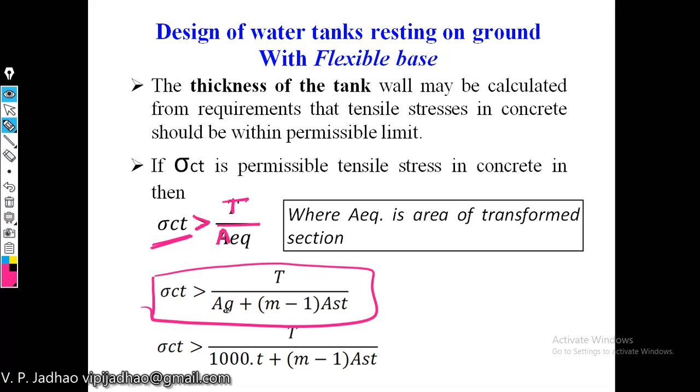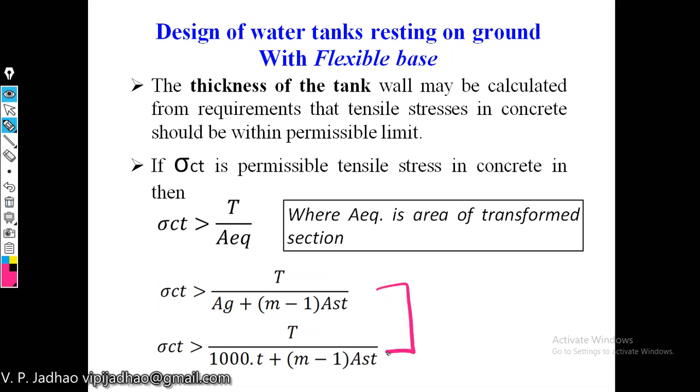Now we know that this A gross for your base slab will be equal to thickness multiplied by width. We will be considering the width as 1000. So A gross will be equal to 1000 times thickness. Therefore this particular equation will become like this, and will be transformed like this.